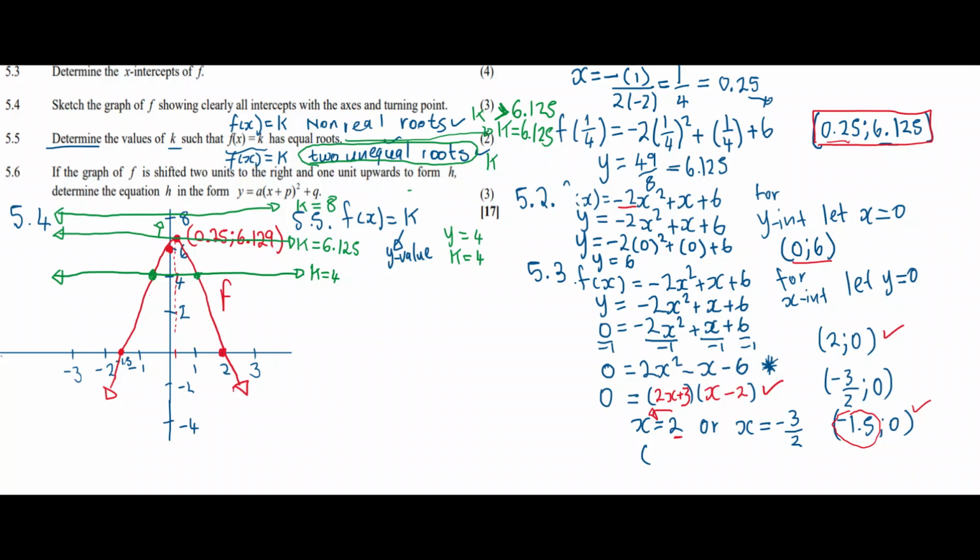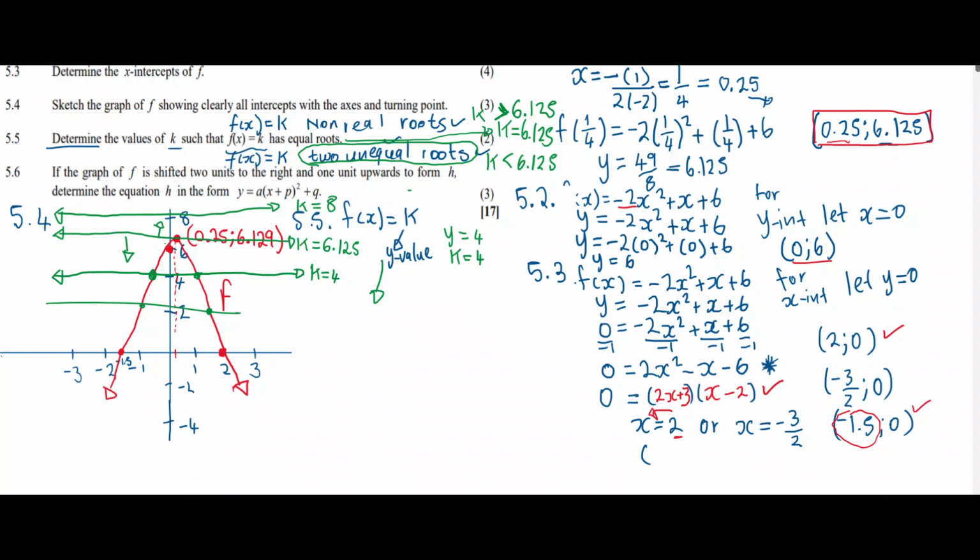So I hope you guys get this. I know it's not easy for all of us, but we can make a way to respond to these kinds of questions in the exams. For two unequal roots, you must have the k value being less than the turning point. That k value is going to touch twice.